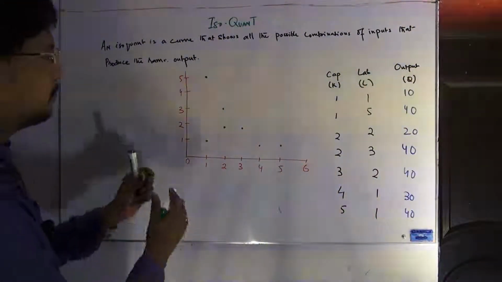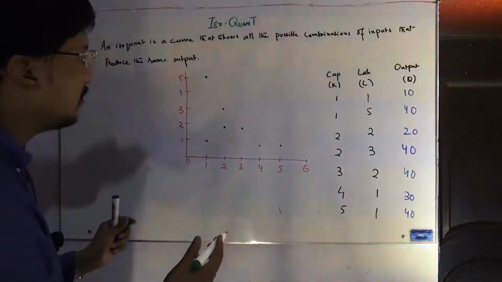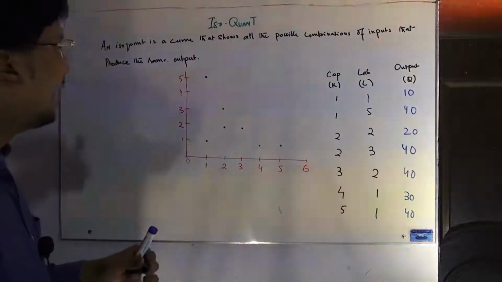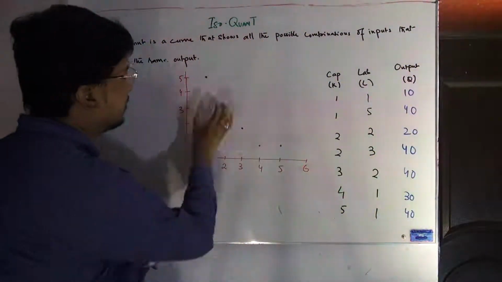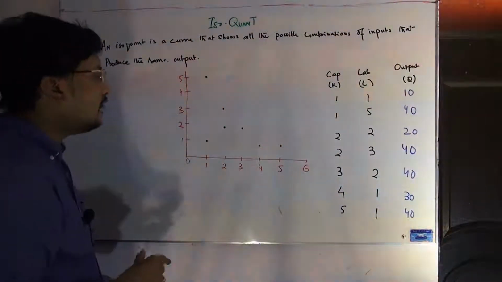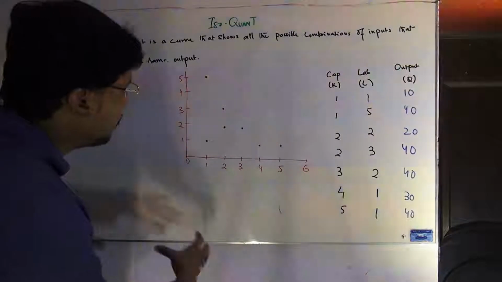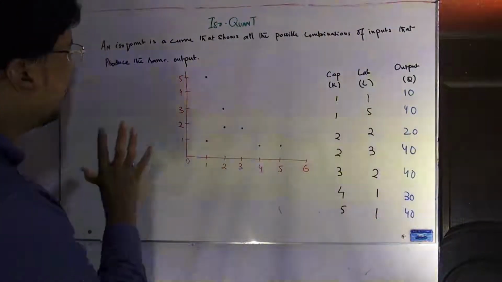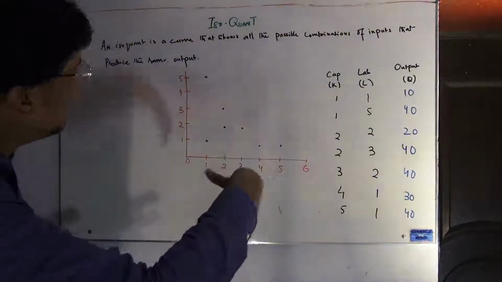This scatter plot of all these points is not basically the production; these points are just showing the combinations of labor input. Now we will observe the clear concept of monotonicity and the clear concept of convexity in this graph.